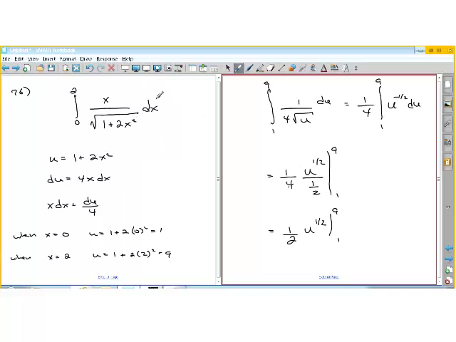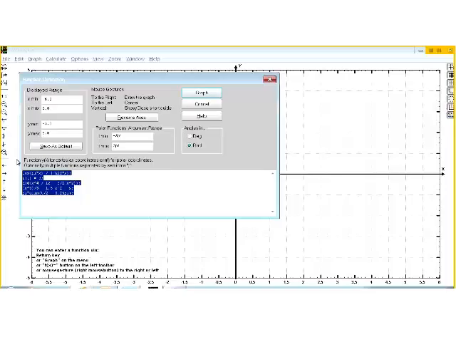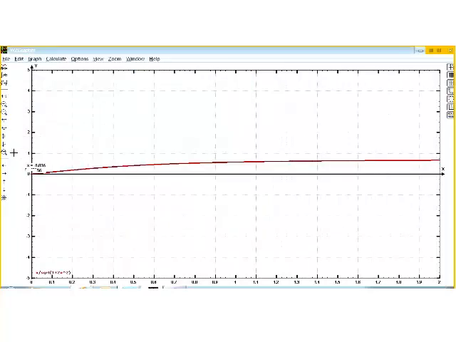So that's kind of interesting. Might want to look at that one just to see what it looks like. So x divided by the square root of 1 plus 2x squared, and we want to go between 0 and 2.